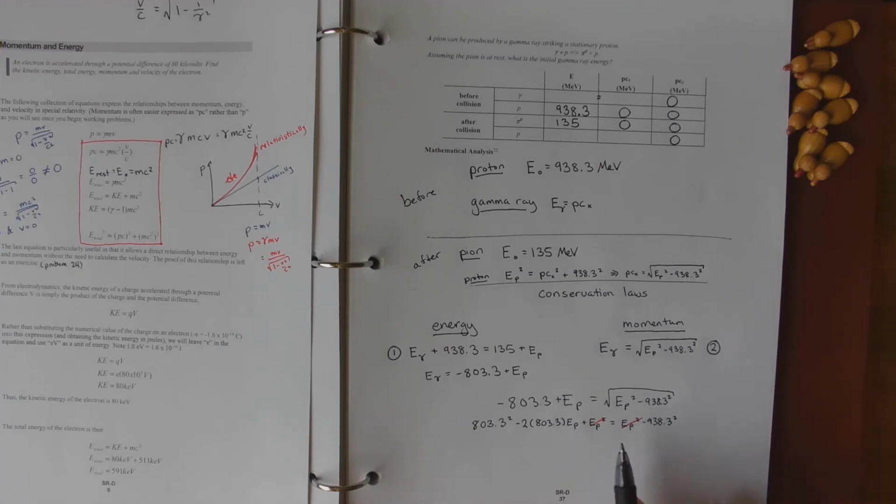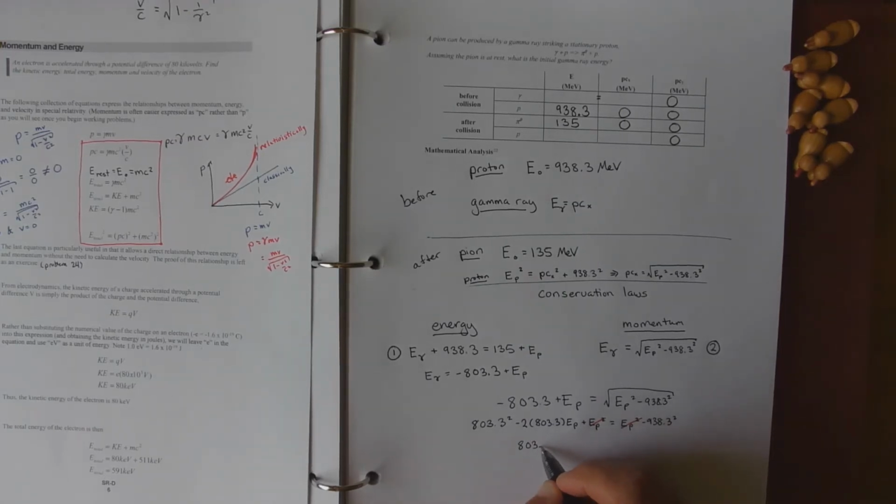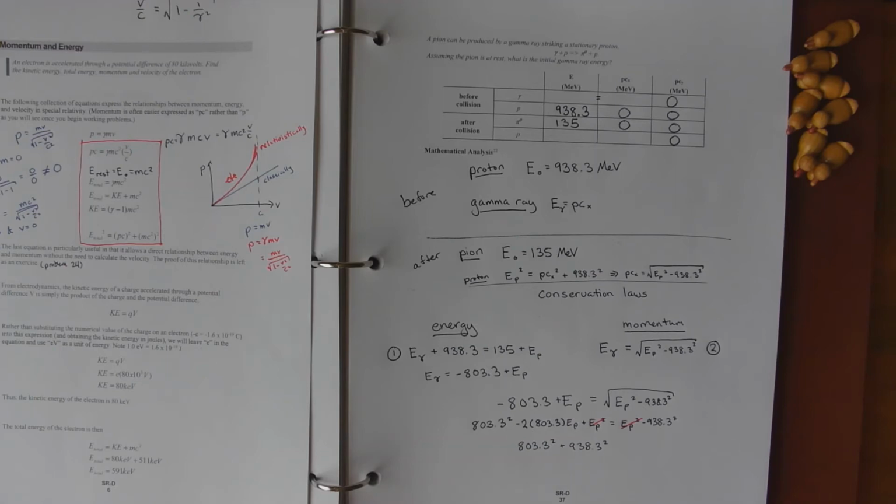Then let's bring this over to the other side so that it's positive, and we'll bring this over to this side, so that's 803.3 squared plus 938.3 squared is equal to 2 times 803.3 EP.